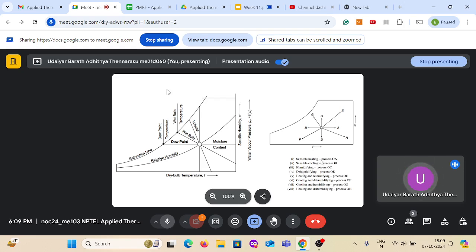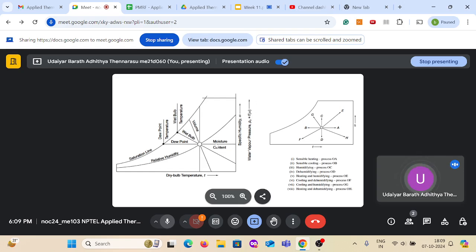So how do you denote that in a psychrometric chart? That is given by OA. That is your process for sensible heating. You see here the water content in the air remains the same because the line is horizontal, so specific humidity remains the same. Specific humidity, as I told, is the mass of water per kg of dry air.